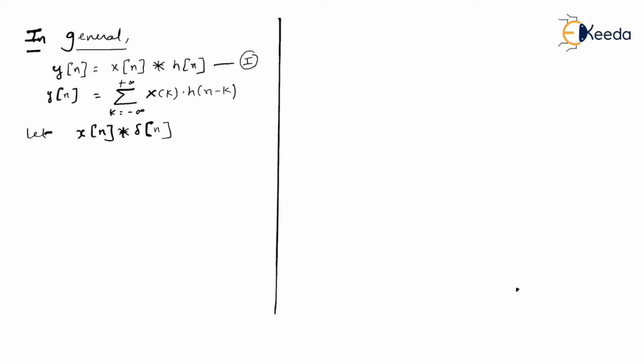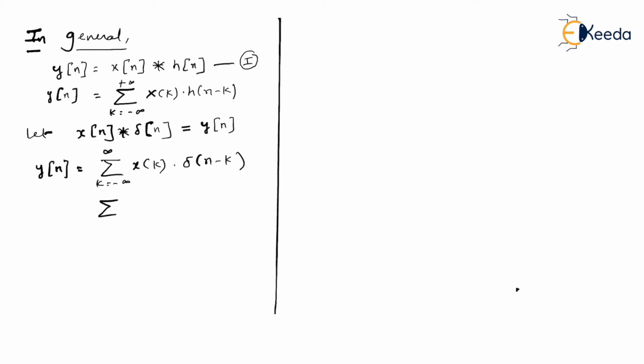So now I can write, let's say this is equal to y of n, then y of n can be given as summation k equal to minus infinity to infinity x of k dot del of n minus k. Is that right?